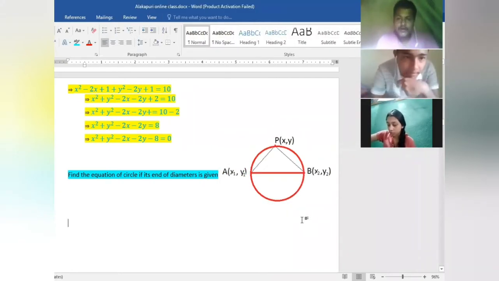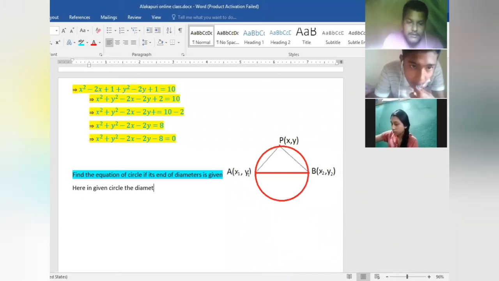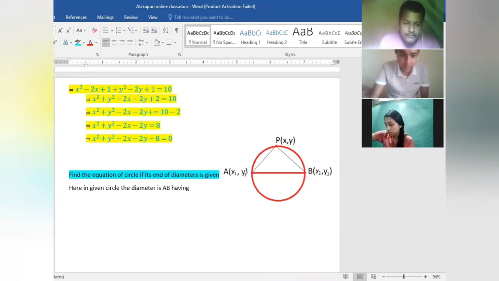Yes, sir. Okay, good. And in this figure, what is the diameter? AB. In the given circle, the diameter is AB, having coordinates x1, y1 and x2, y2.